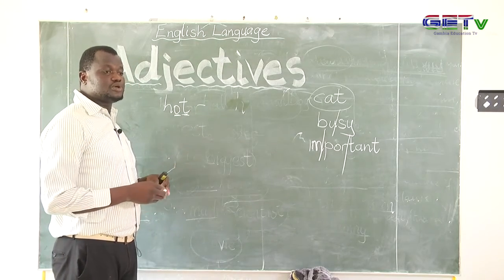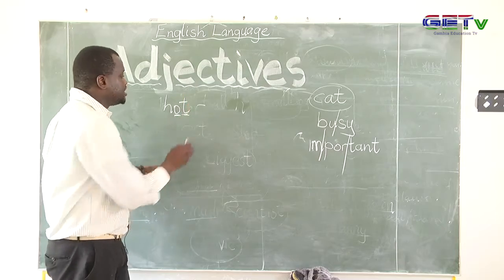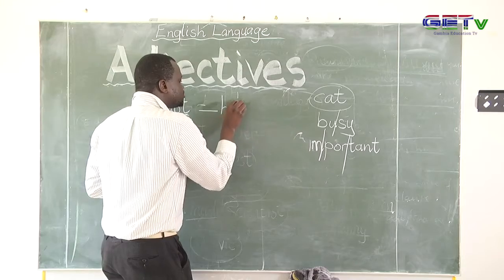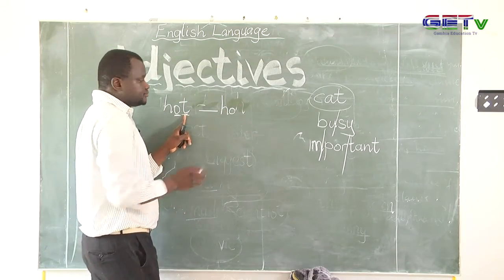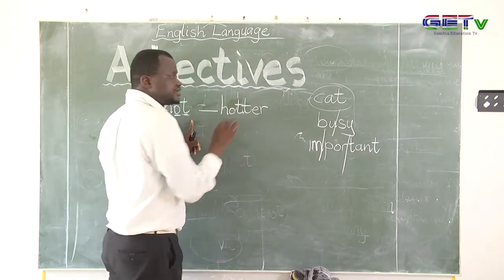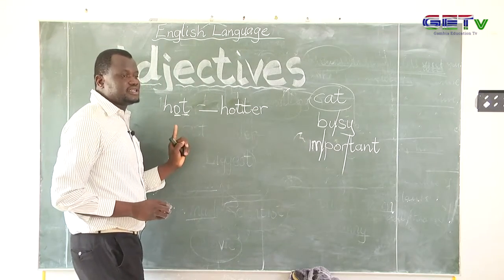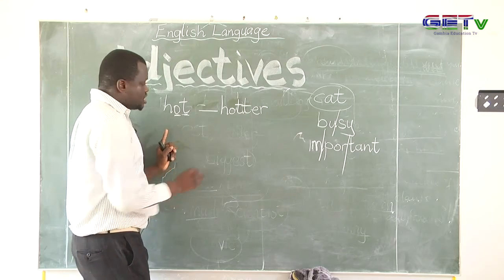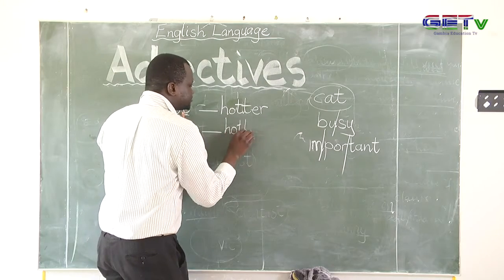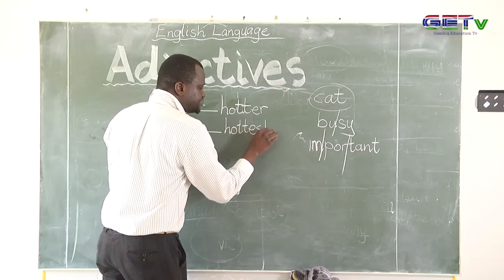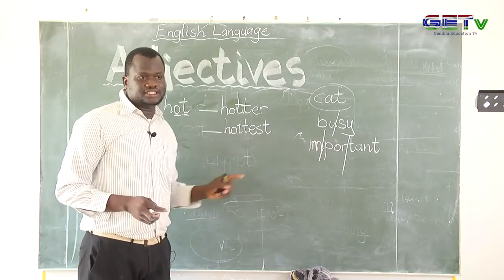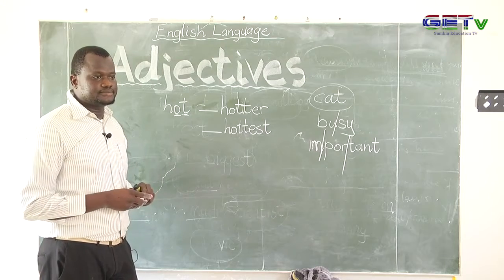In other words, it is a CVC word. When you are comparing two, you will first of all double this last letter, and then you add ER. That is for the comparative. Now for the superlative, the same thing. You double the last letter, and then you add EST. And that becomes hotter, hottest. This is what we are saying.